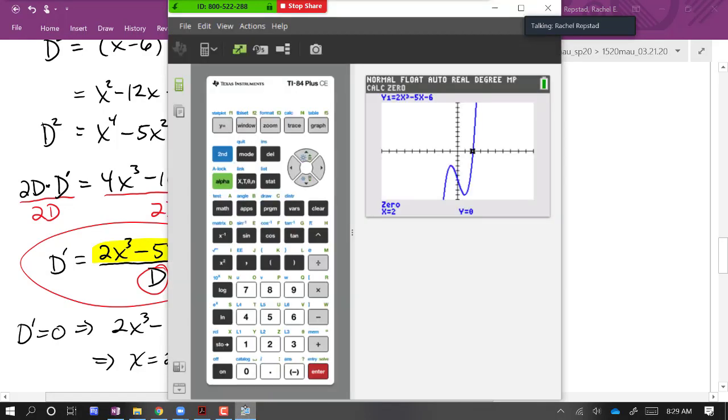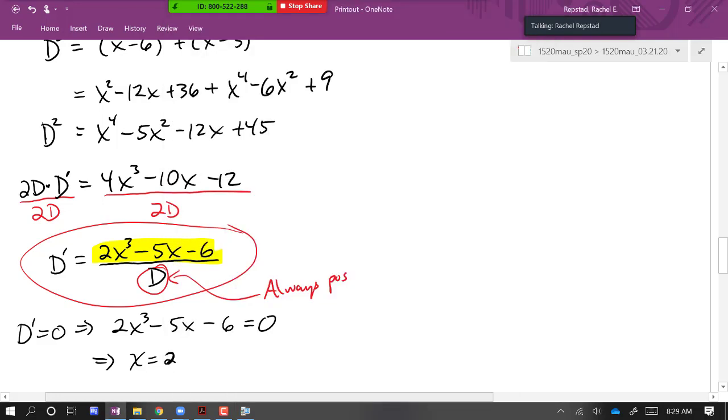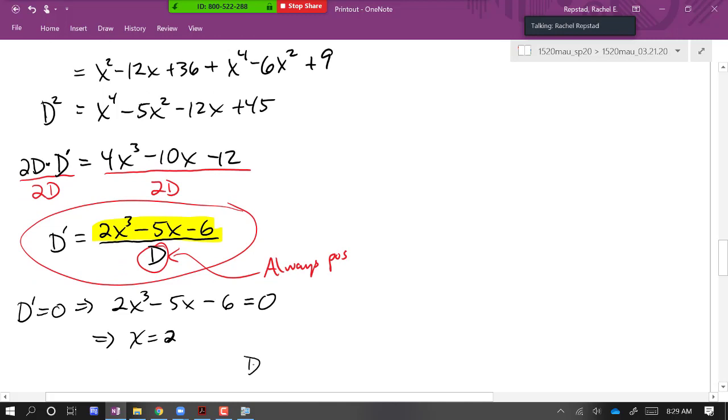Looking at this graph, I could make a sign chart for the first derivative that says it's negative, negative, negative, all the way up until you get to 2 where it's 0, and then it's positive thereafter. So looking at the graph, I can see that d prime is going to look like this. And that's confirmation that, in fact, we've found a minimum.